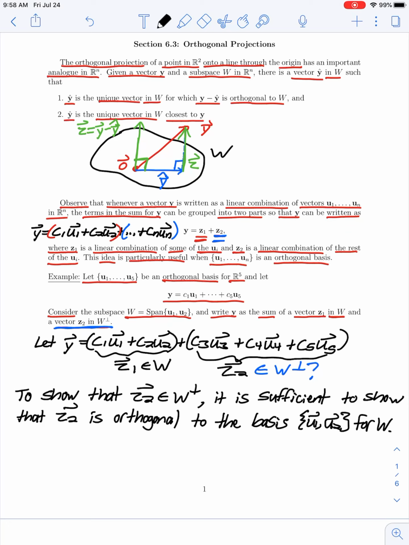In order to show that a vector is in the orthogonal complement of a space, we only need to show that it is orthogonal to the basis vectors for that space.